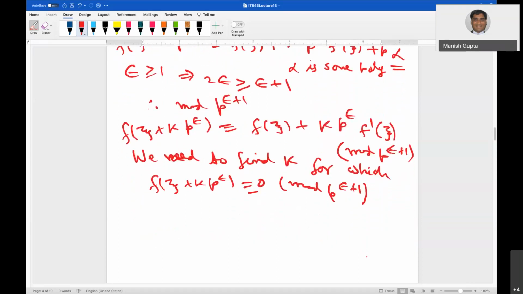So I can substitute. So this implies that k times p raised to power epsilon times f dash of xi is same thing as minus f of xi modulo p raised to power epsilon plus 1.